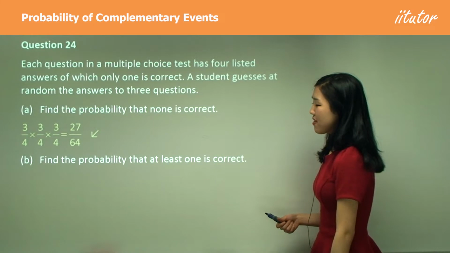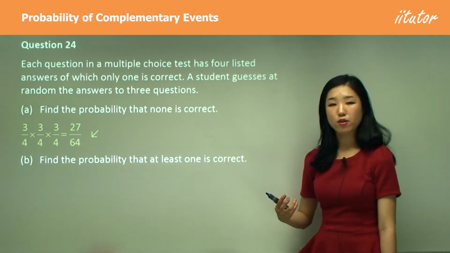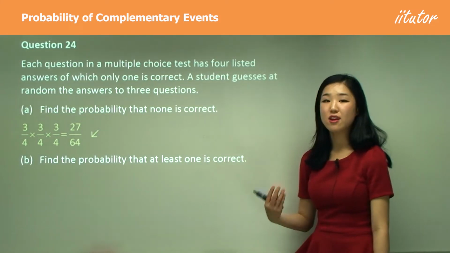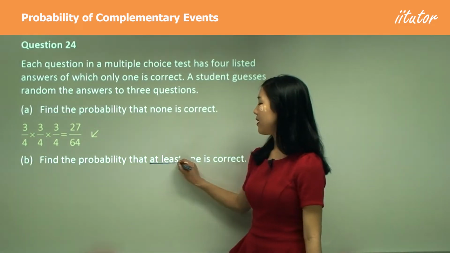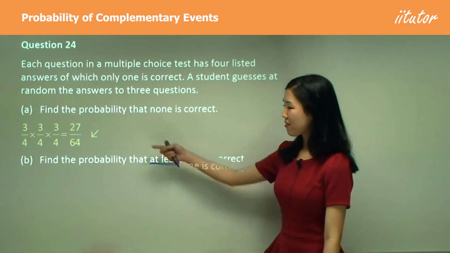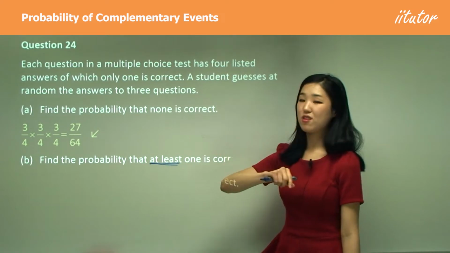Now B, find the probability that at least 1 is correct. So we could have 1 correct, 2 correct, or 3 correct, but we can't have none correct. So we can't have them all being incorrect. Because it says at least, you must really identify what at least means. And we've actually found that probability here: having none of them correct is 27 over 64.